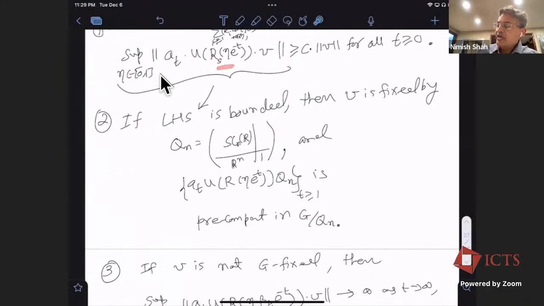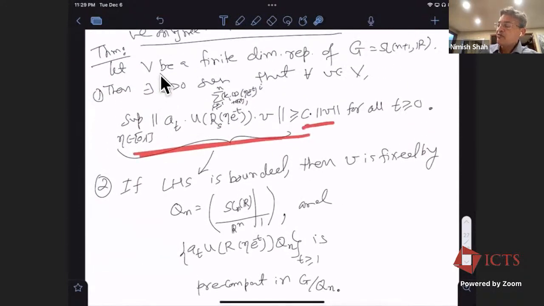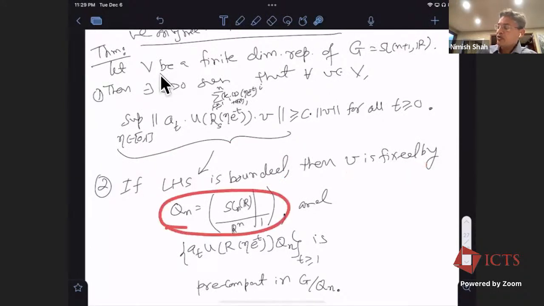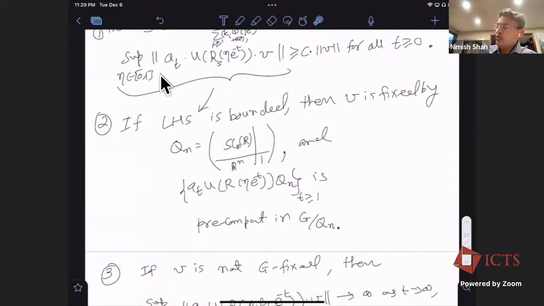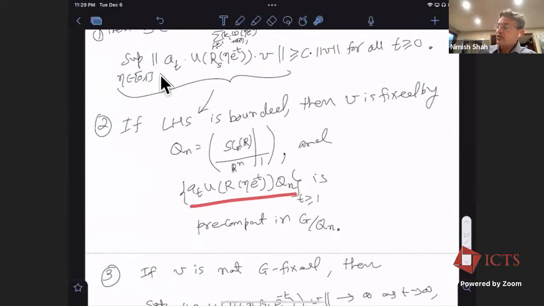And if this side is bounded, so its sup is bigger than or equal to this, for a given non-zero v, if it remains bounded, then we prove that v will be fixed by a subgroup of this form Q_n, where you have SL_n in this coordinate, R^n here and 1 here. You also know that if v is fixed by Q_n, then this times Q_n is pre-compact in G mod Q_n.